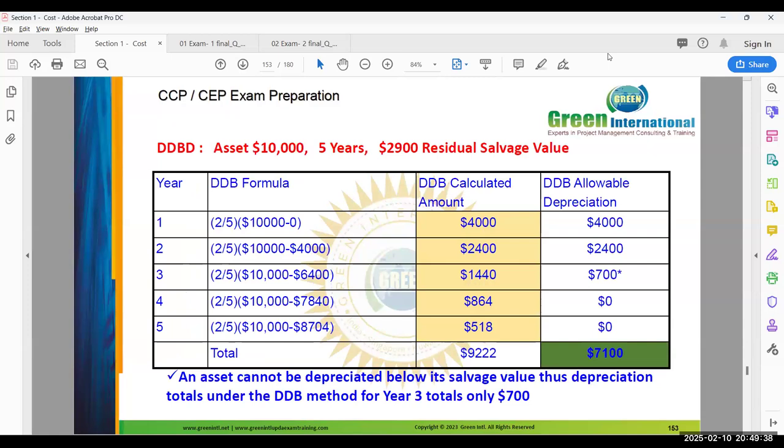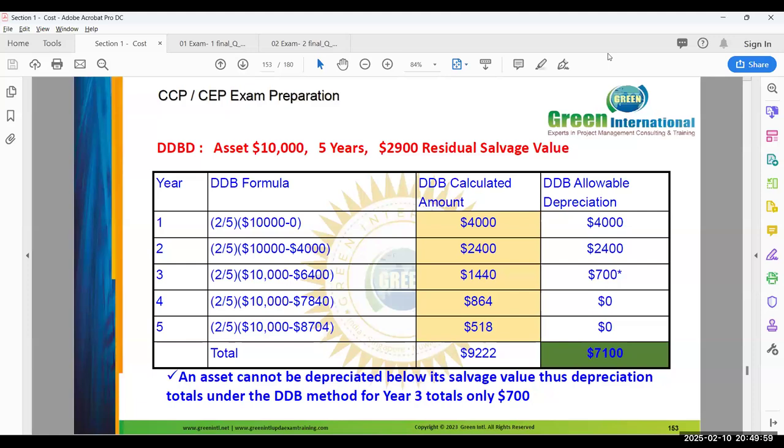So 10,000 is the asset value, 5 years, and the salvage value is $2,900. So 2 by n, 2 divided by 5, multiplied by the asset value of 10,000 minus 0, because for the first year the last year's value is 0.